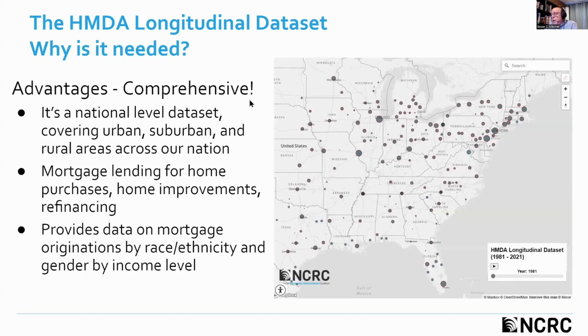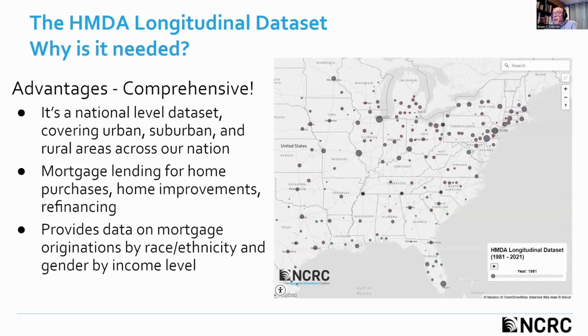Additionally, the data is comprehensive. This is a national level dataset that covers urban, suburban, and rural areas across the country. To the right, you can see our mapping application, which presents this data in an easy format from 1981 up until 2021. You can look at both the national level and individual metro level and see changes in the amount of lending that's occurred across the country.